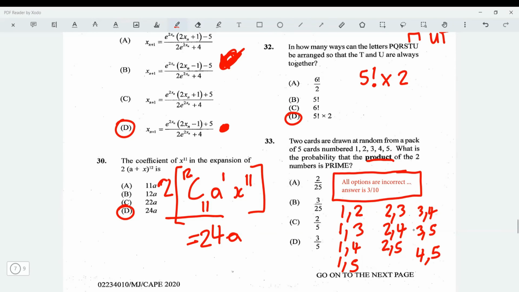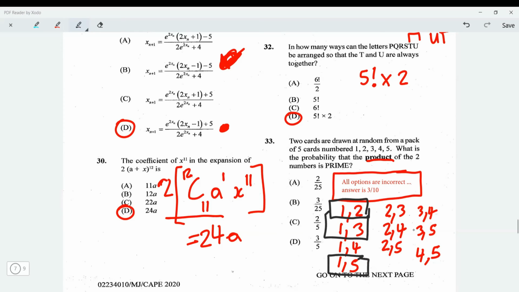Those are 10 options. Now, what are the chances for the product of the two numbers to be prime? In order for the product to be prime, you can either draw 1 and 2, 1 and 3, or 1 and 5. Those will give us a prime number. We multiply 1 times 2, 1 times 3, 1 times 5.